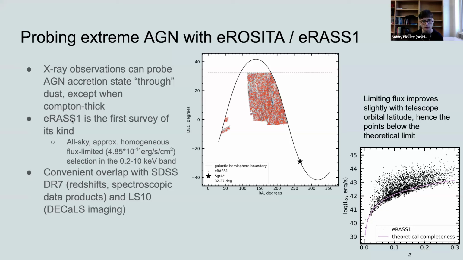We get this chunk of the SDSS DR7 polygon, which I'm showing in this map of the sky, that is overlapping with eROSITA and also Legacy Survey Data Release 10, which in this case we're using for DECaLS imaging. The DECaLS imaging is important, even though there's SDSS imaging up here, because the depth and resolution are significantly better than SDSS, and we use those to find our post-mergers in the study.